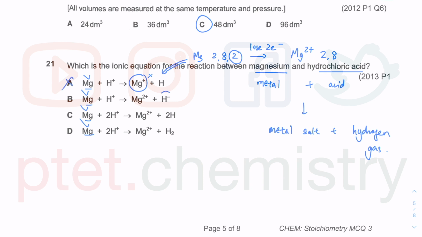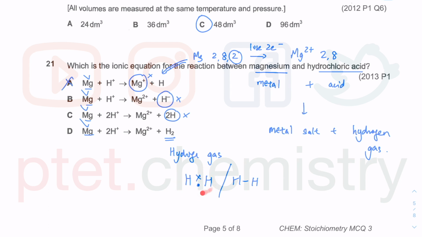You do not get H-, you do not get hydrogen atoms, you get hydrogen gas. Hydrogen gas, as you know, hydrogen is in the first period, they want to complete the outer shell, so they share 1 electron and form 1 covalent bond with itself. This is not dot and cross, this is dot and cross. Both of these are saying there is 1 covalent bond which has 2 shared electrons.